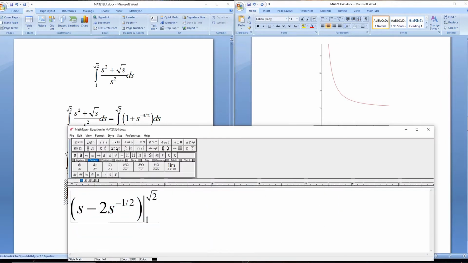So the next step is to then do the fundamental theorem of calculus. So that means f of b minus f of a. We're going to take b and plug it into the antiderivative.